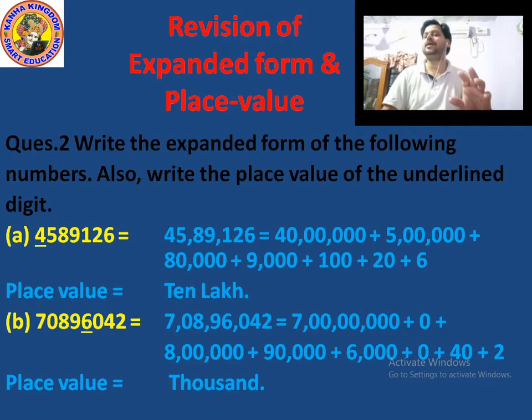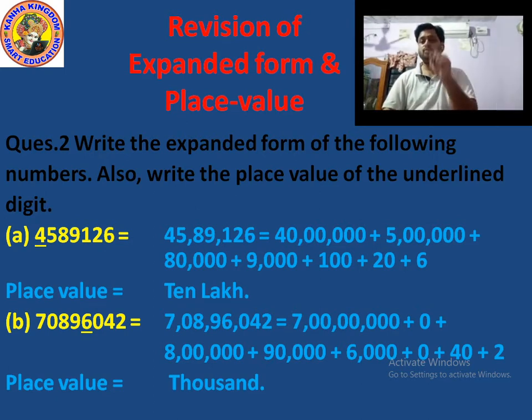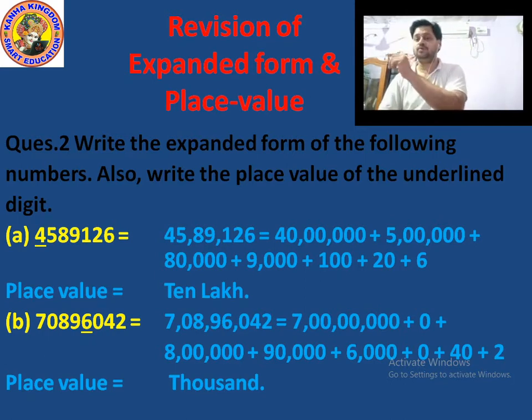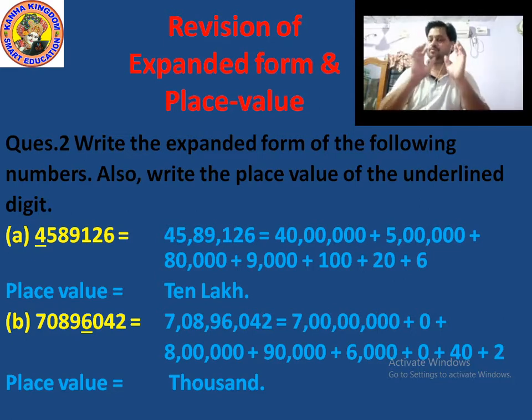So the exact answer is 7 comma 00 comma 00 comma 000 plus 0 plus 8 comma 00 comma 000 plus 90 comma 000 plus 6 comma 000 plus 0 plus 40 plus 2. This is the exact answer of this part.